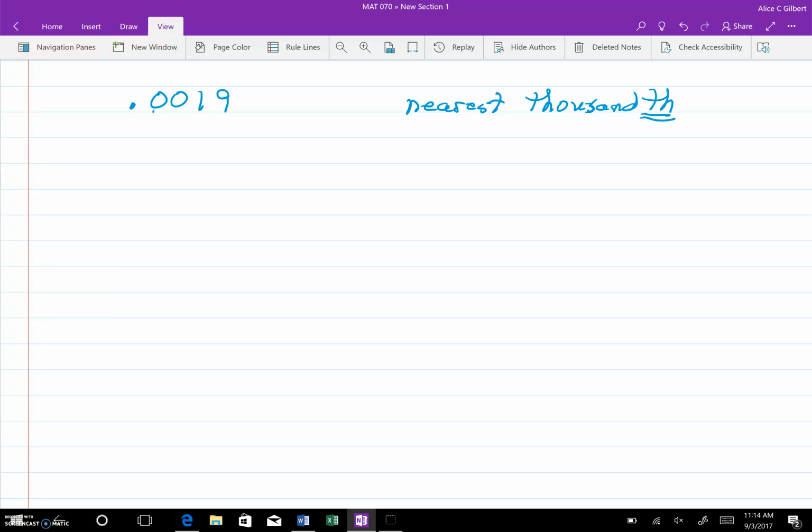So tens, hundreds, thousands. Okay, so now I know the 9 is going to go away. But first I need it. It's 5 or greater, so I'm going to add 1. And then this 1 plus 1 is 2. 0 plus 0. And then my point. This is my rounded number.